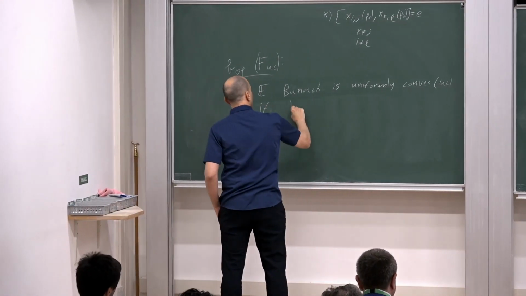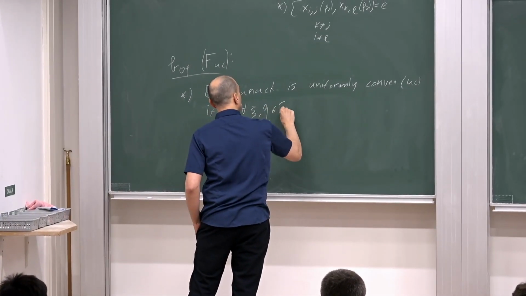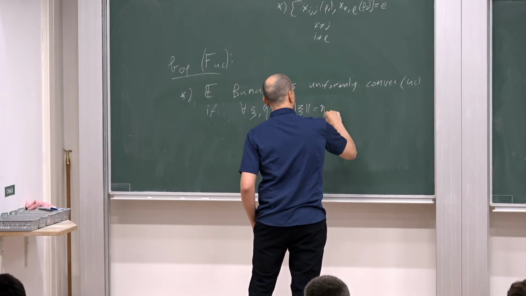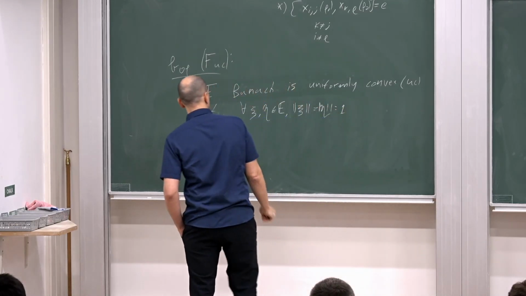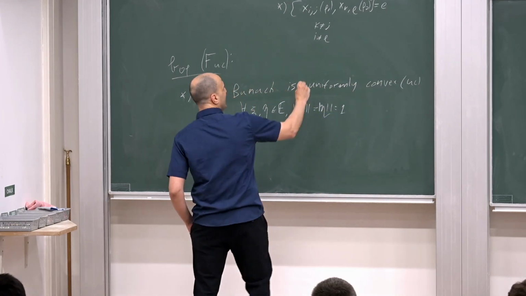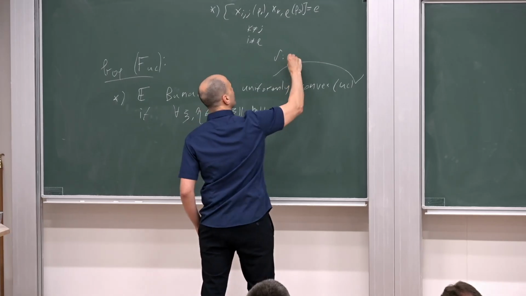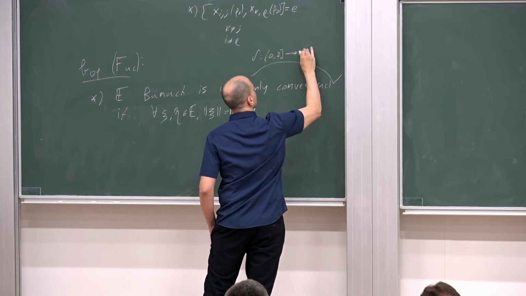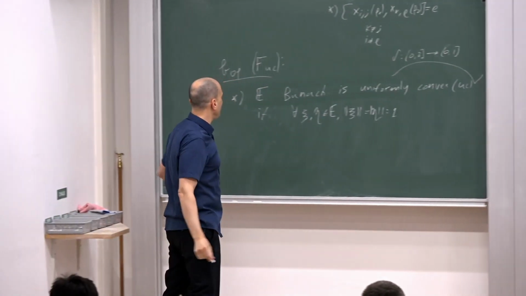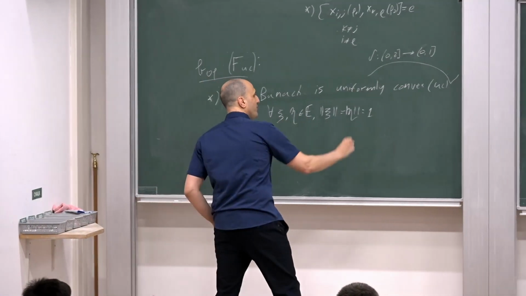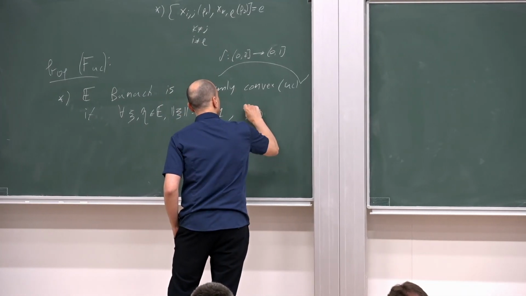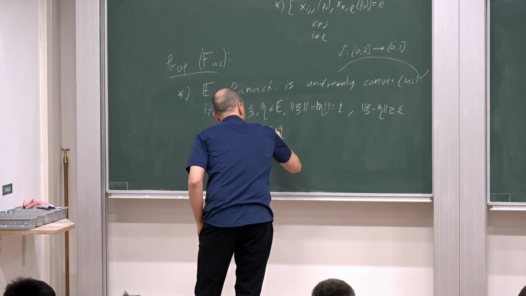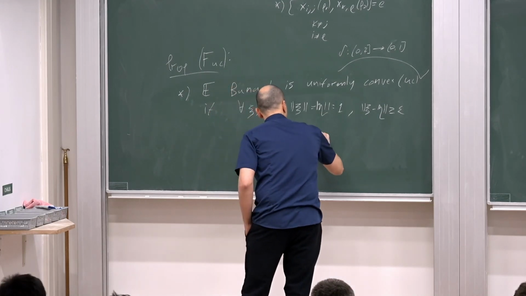if there is a function delta, called the modulus of convexity, from (0, 2] to (0, 1], such that for every two unit vectors, if their distance is greater or equal than epsilon, then the norm of their midpoint is less or equal than 1 minus delta(epsilon).